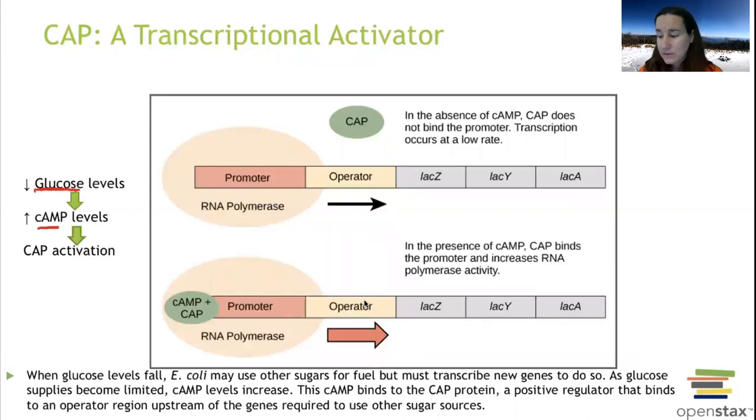Cyclic AMP is going to bind with our catabolite activator protein. Our CAP, catabolite activator protein, will bind with cyclic AMP that only accumulates when glucose is low. Glucose gets low, cyclic AMP rises, cyclic AMP is going to bind with the CAP.